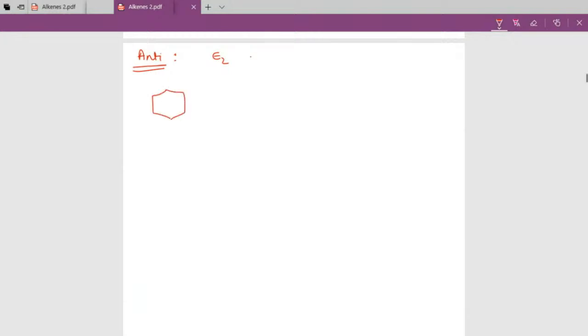In case of cyclohexane, though, which is most important for our syllabus, this is certainly the most common method. If I say this is the only method, then it is wrong.